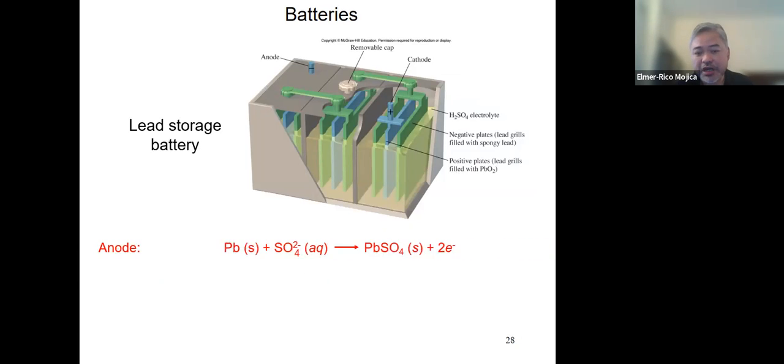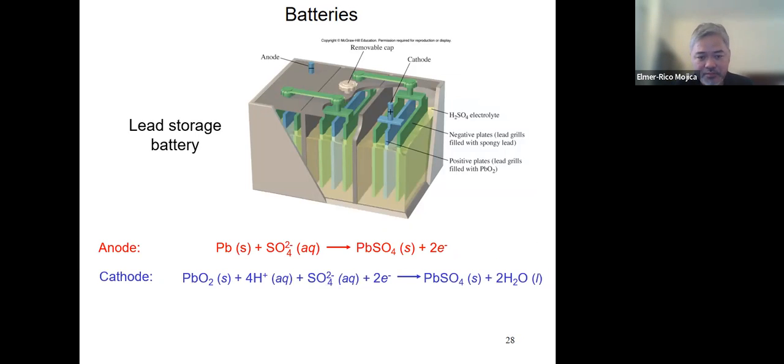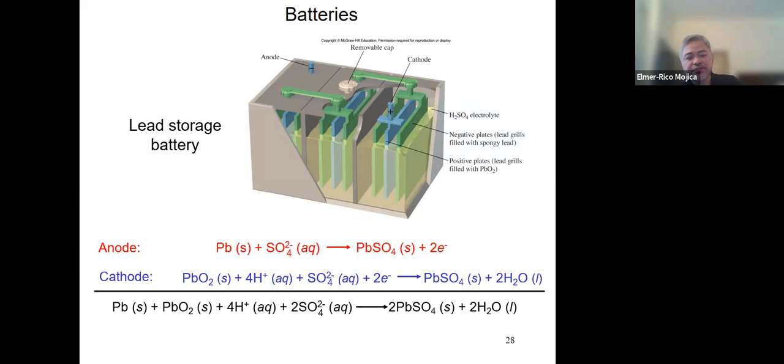Now, for those who have cars, you have your car battery. This is the reaction that you have there. You have the lead reacting with lead oxide in acidic solution with sulfate, producing lead sulfate and water.